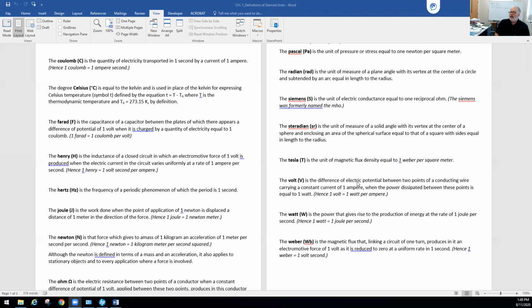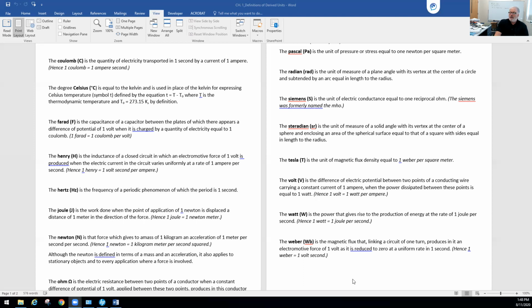see throughout our study of electrical machines that the magnetic field is the medium where we convert one form of energy to another form of energy. And that is what electrical machines do. The volt, defined here, the watt, it's the power that gives rise to the production of energy at a rate of 1 joule per second.